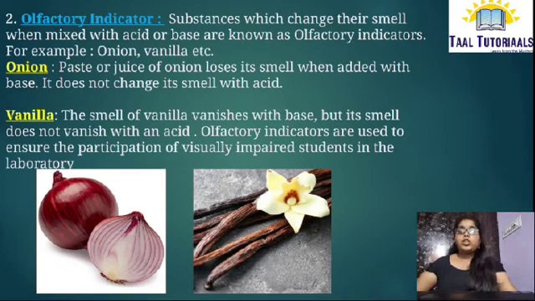The paste or juice of onion loses its smell when added to a base. If we add the paste of onion to a base, there will be no smell. It does not change its smell with an acid. If it is a base, it loses its smell.